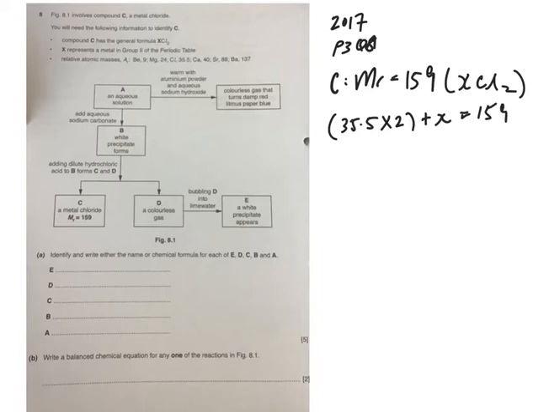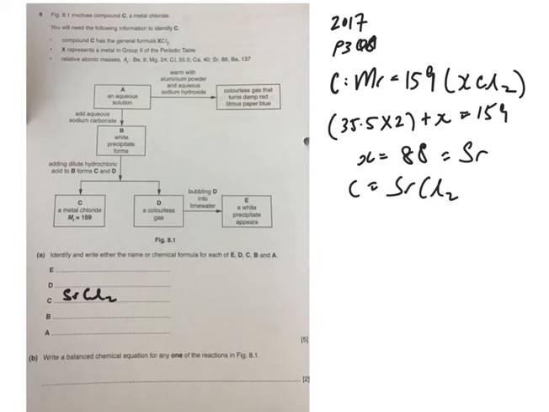So just moving around the different values, we can then determine that X will be 88. Okay, and if you look up the periodic table for the element with an Ar of 88, that will actually be strontium. And so your compound C will therefore be strontium chloride. Alright, so here we have solved the first unknown, which is your strontium chloride.